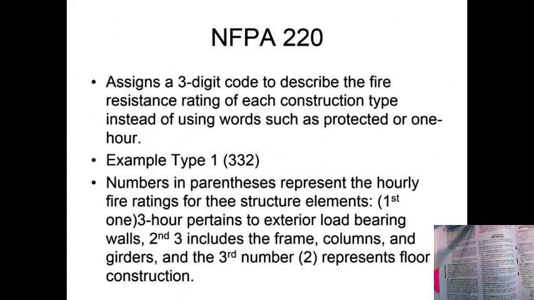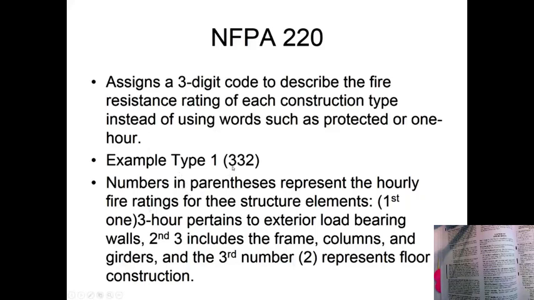Now, I want to talk about one quick thing. Sometimes the NFPA, if you're having to look at something and someone's adopted that, they talk about type 1, and they give you these numbers out behind it. What does that mean? Well, what that means is 332 is the number in parentheses. Okay, the first number, which you see right here, is 3.